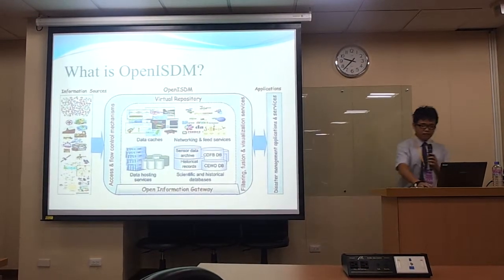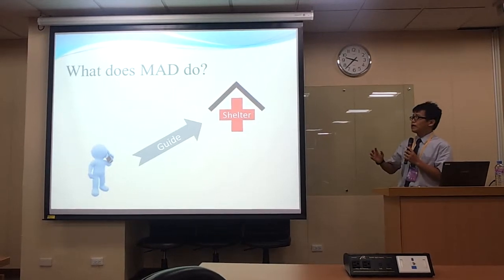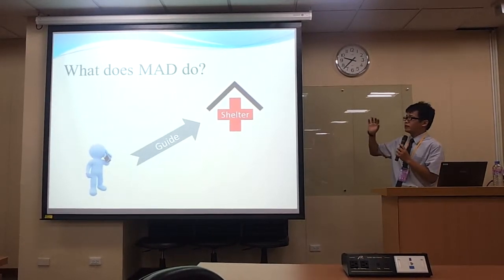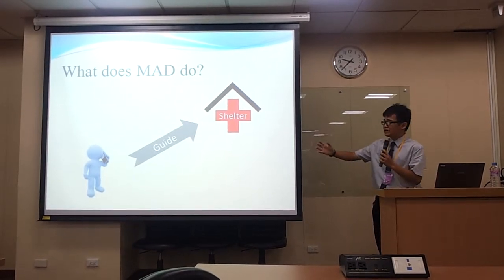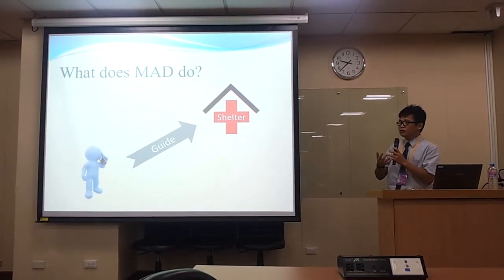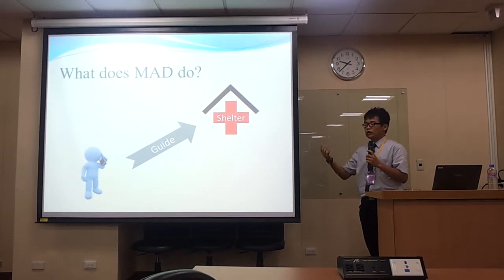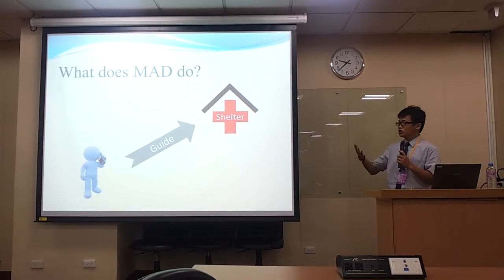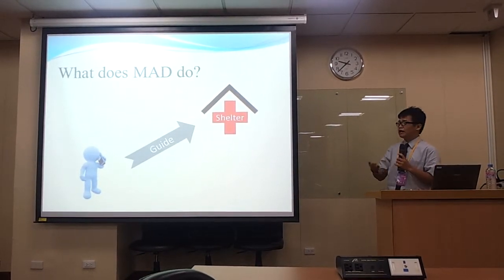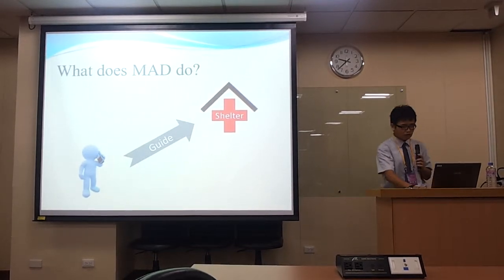And what does MAD do? As I mentioned, MAD is the Mobile Assistant for Disaster. That means if you have a mobile device, it will show you where the shelter is when a disaster occurs, so you can easily find it and it can guide you.